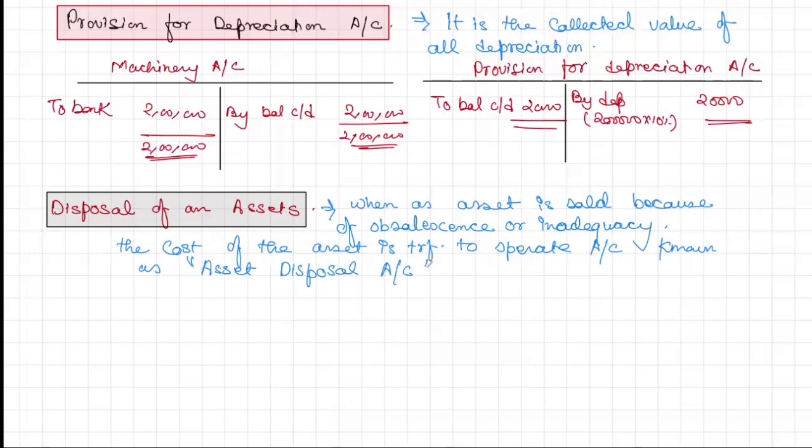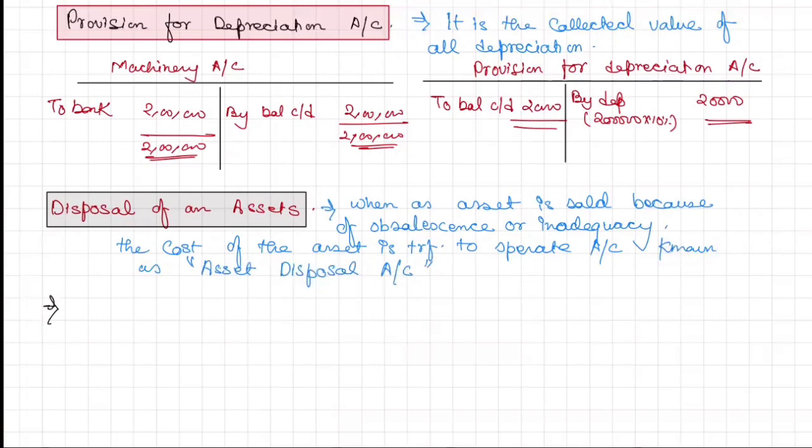That's it. Okay. So for these, certain general entries are there. Now see, suppose one of your assets has become obsolete, or you are selling it off, any reason. So what you have to do is transfer the cost to the disposal account.